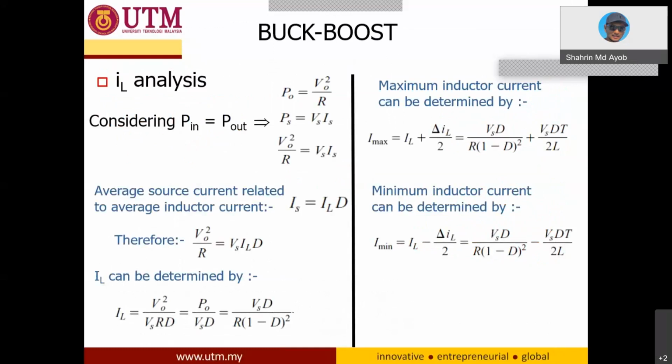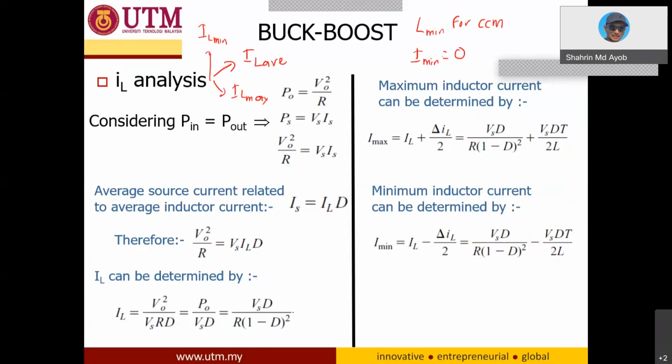To get the IL, the analysis is to get the IL average, the IL max, and also the IL minimum. To determine the L minimum for CCM, you need to set I min equal to 0. So this is the IL analysis.